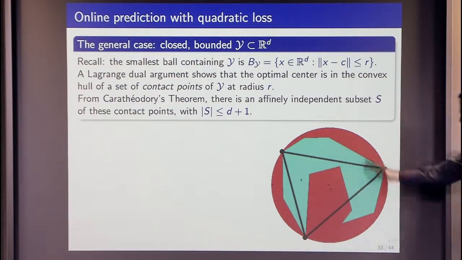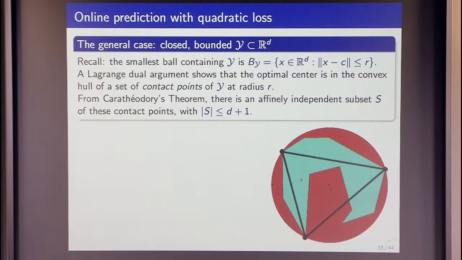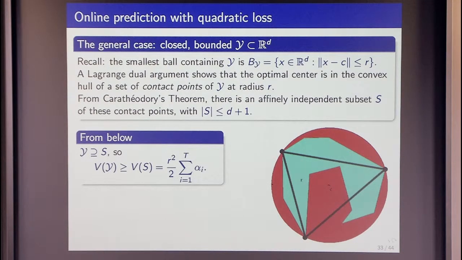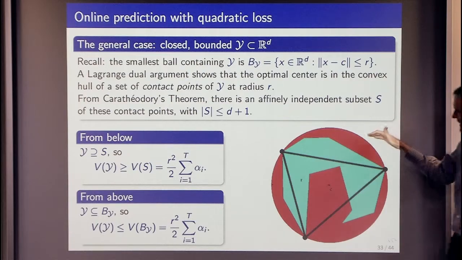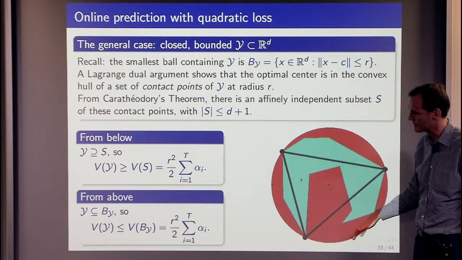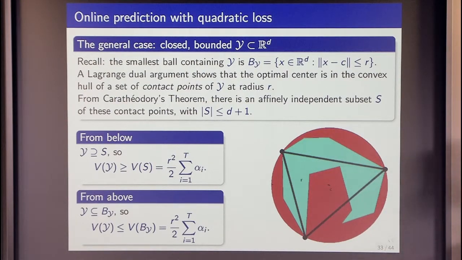So that's a subset of our set Y. For that subset, the regret is this big, and so the regret for our original set is at least that big, since this is a subset of the adversary's constraint set. And we can look from the other side at this smallest ball. That's a superset, and it has exactly the same regret. So that's the big picture idea of the quadratic case.